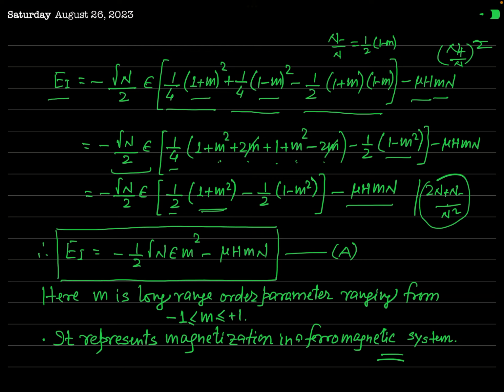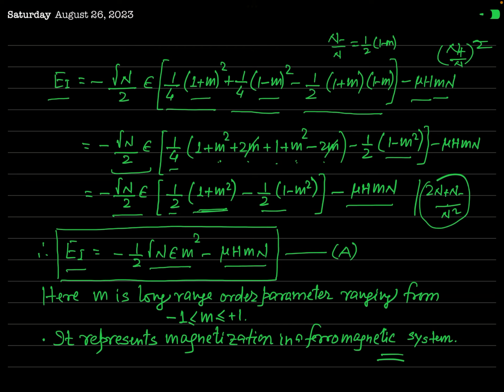Now here when we simplify it, our result will be simply equal to m square. This minus this will be equal to m square. Now let us multiply by this outside factor, and your expression for interaction energy or internal energy EI will be minus half gamma n epsilon m square, okay, and minus mu h mn.